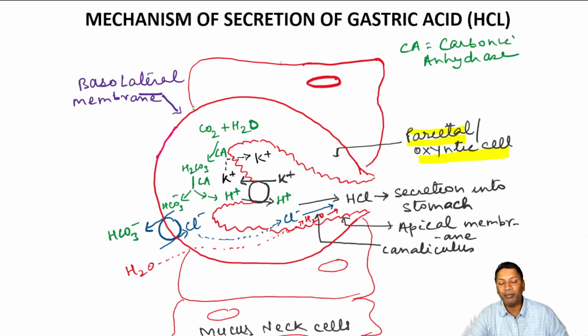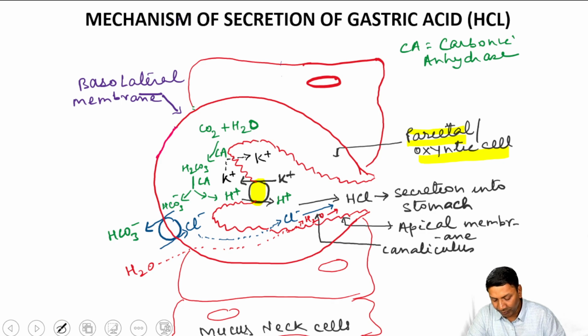In the parietal cell, there is a pump called the potassium hydrogen ATPase, also called the potassium hydrogen pump, also called the proton pump.